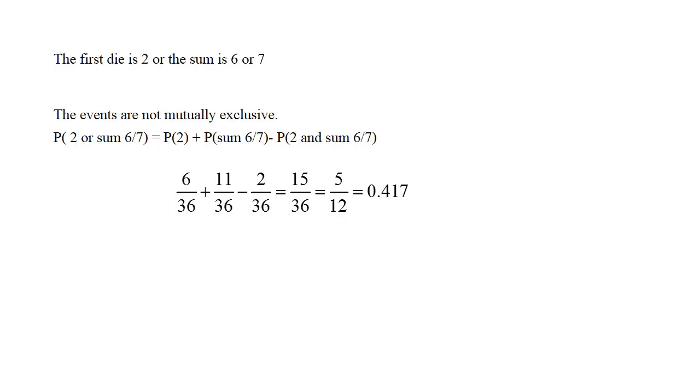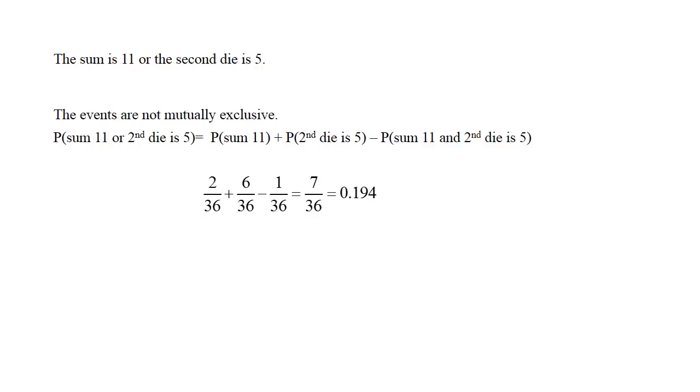The probability of a 2 or a sum of 6 or 7 is equal to the probability of rolling a 2 plus the probability of rolling a sum of 6 or 7 minus the probability that you roll a 2 and have a sum of 6 or 7. That equals 6 out of 36 plus 11 over 36 minus 2 over 36, which is 15 over 36, which will reduce to 5 over 12, or in decimal form, that's 0.417.